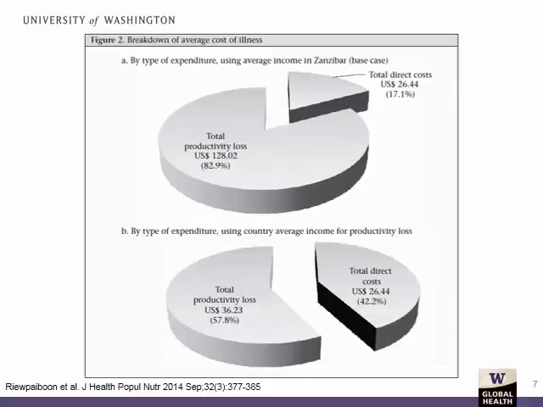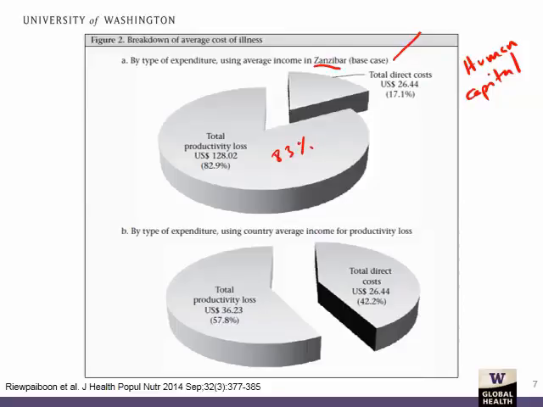If you see in this slide, for the same study, they used the human capital approach, and in these two parts of the picture, here they used the income of Zanzibar, which was the base case analysis. And you'll see that 83% of the costs were due to productivity loss.